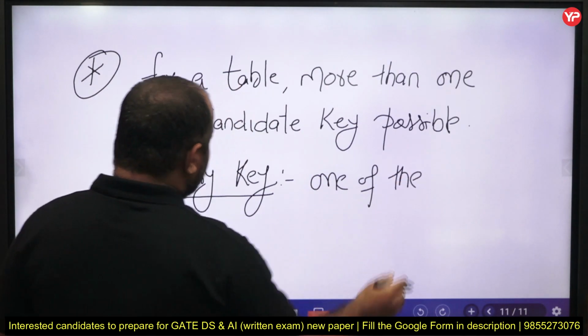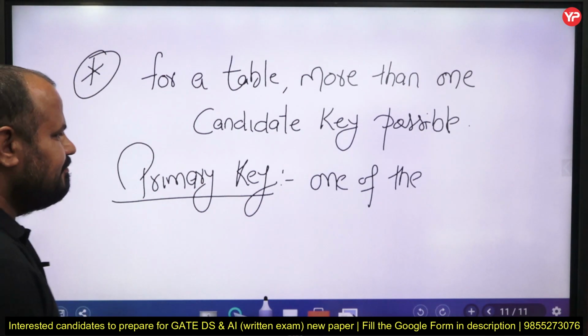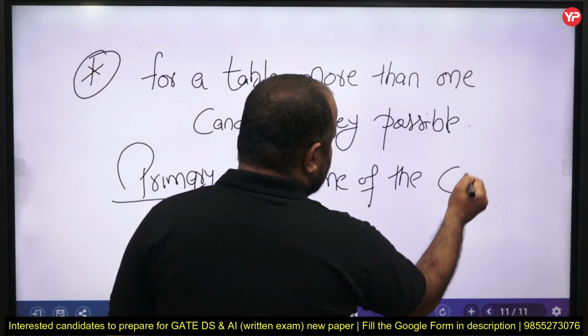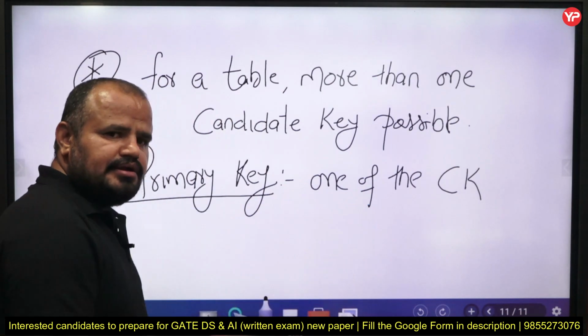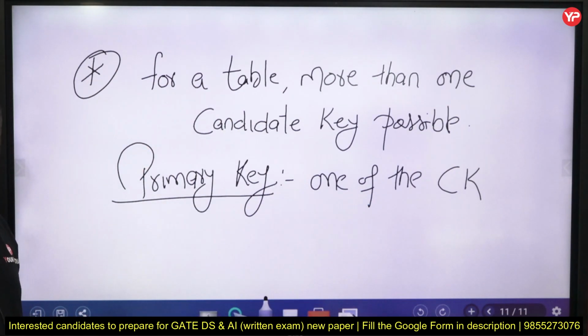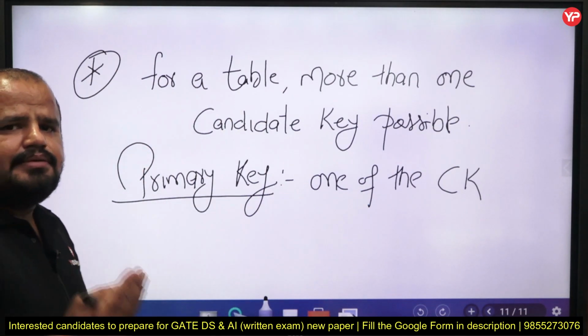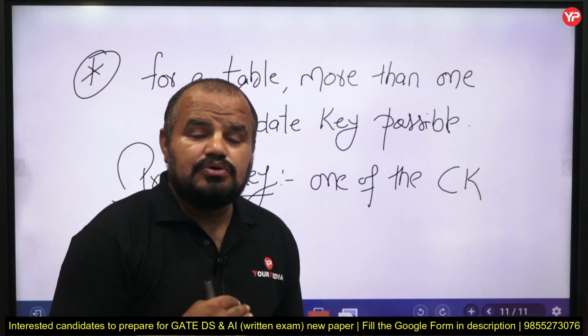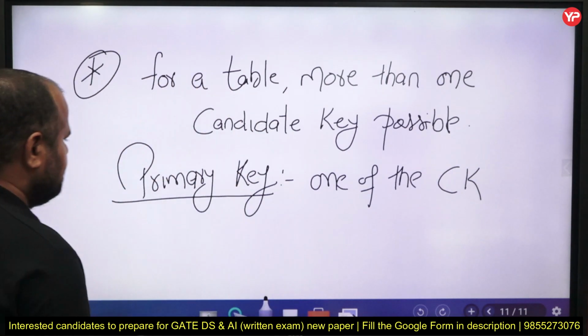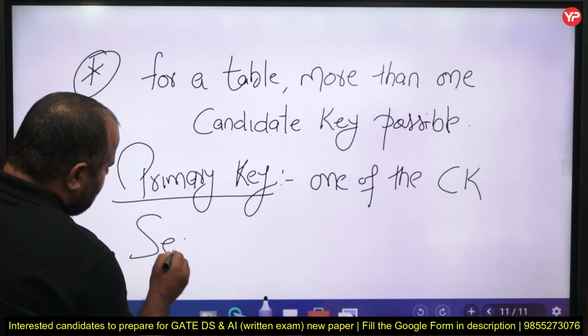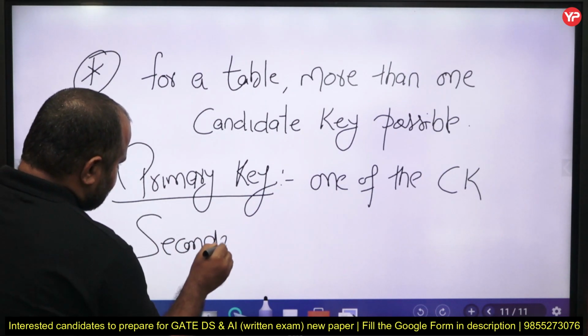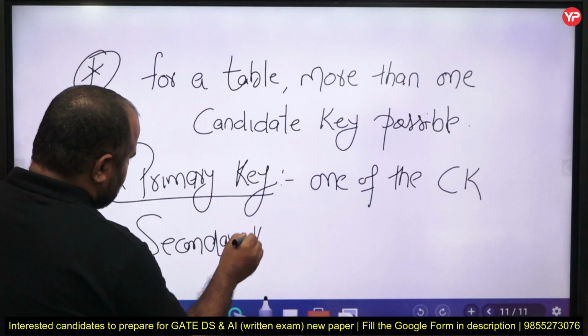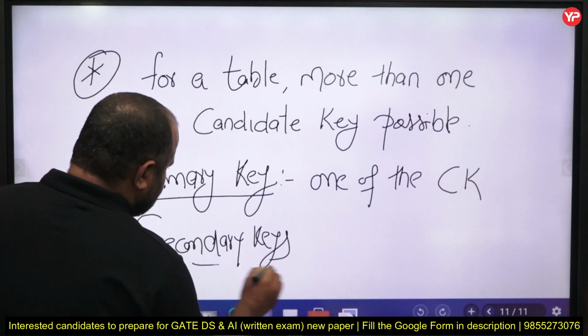Now every task is done with the help of primary key. It is one of the candidate keys. Now we have many other candidate keys also, because we know that for a table more than one candidate key is possible. So what about all these remaining candidate keys? Those are called secondary keys.